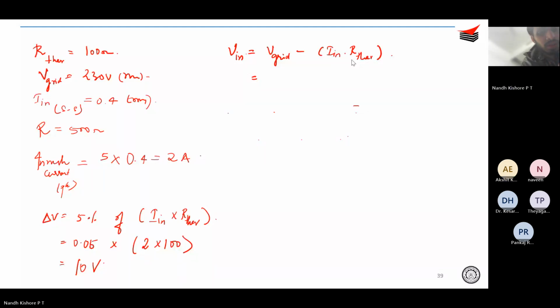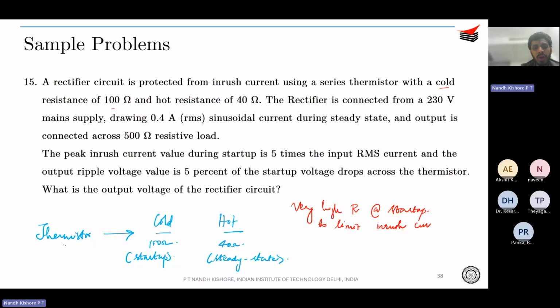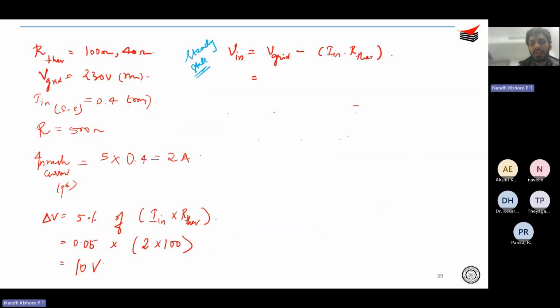Sir, hot. 40, right? Yes, correct. You know that this is in steady state, so of course you will consider the hot resistance of 40 ohm.